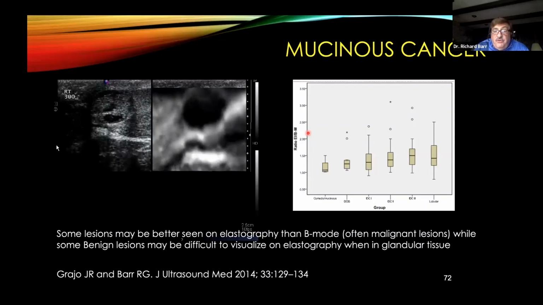The figure on the right is our published data where we looked at that E to B ratio for different grades of cancer. So you can see that the less aggressive cancers, mucinous, comedo cancers, DCIS, always have a lower ratio. And we have had ratios of some mucinous cancers having a ratio of 1, as in this case.